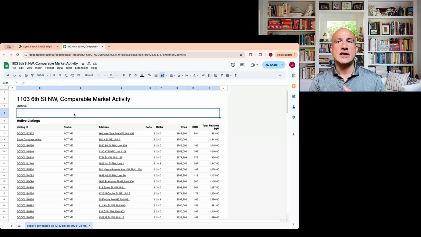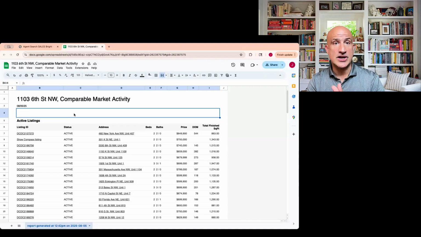If I'm sending a collection, I say, here's the comparable market activity, rather than punch them in the face and say, hey, here's my analysis. I say, here's a collection of comparable market activity that you can review, that we've reviewed.